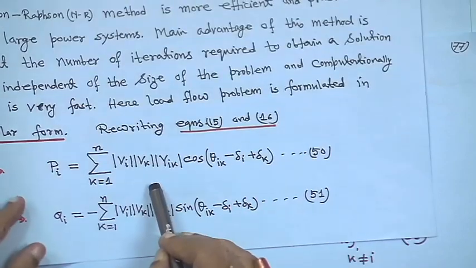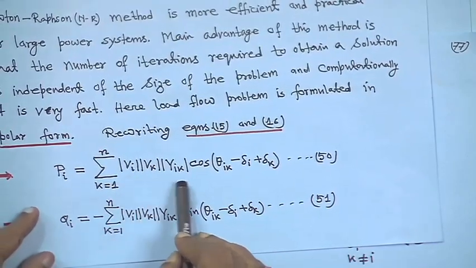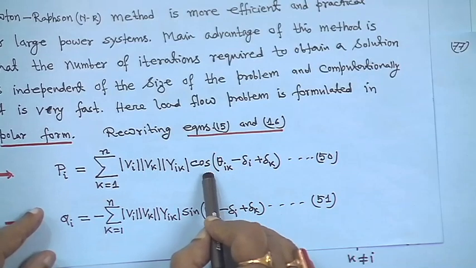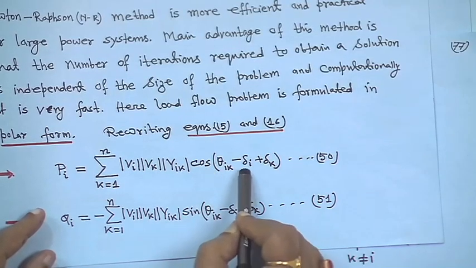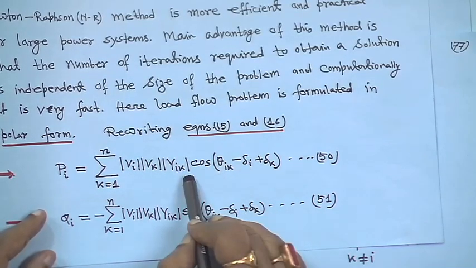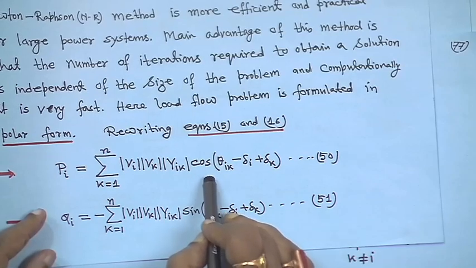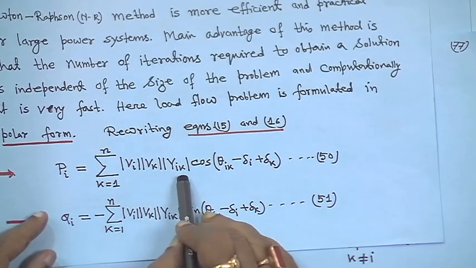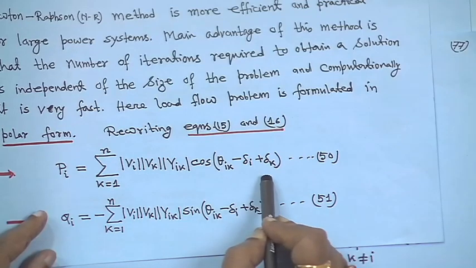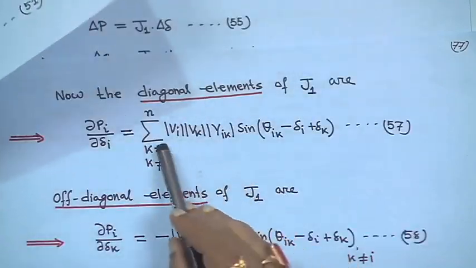If you take the derivative, it will be Vi Vk Yik cosine; derivative of cosine gives minus, and with respect to minus delta i another minus comes out, so ultimately it will be plus. So it will be Vi Vk Yik sin of theta ik minus delta i plus delta k, but this summation symbol will be there.